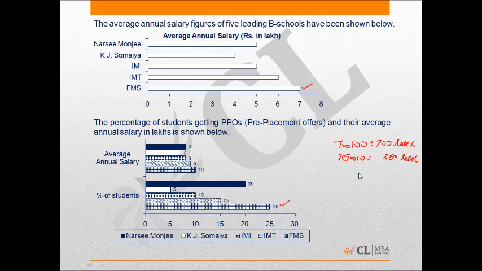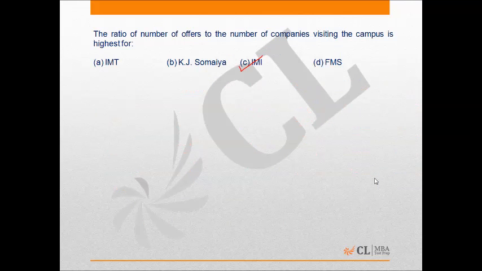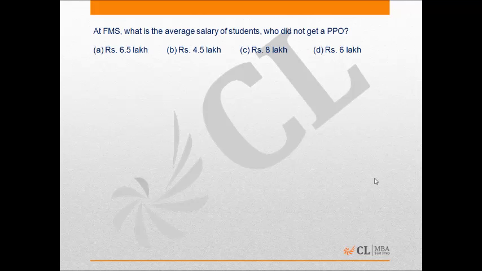Thus, the salary of the other students is 700 minus 250, which is 450 lakh. How many other students? 100 minus 25, 75. So the answer is 450 by 75, 6 lakh. So the average salary of the students at FMS who do not get a PPO is rupees 6 lakhs. Answer D.